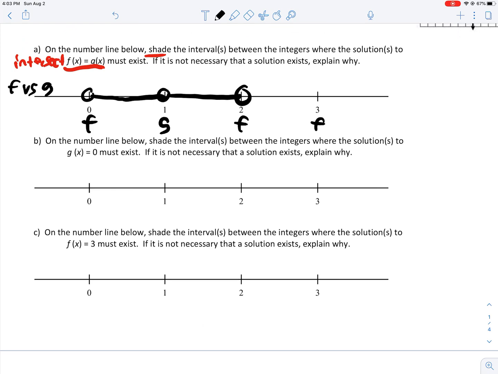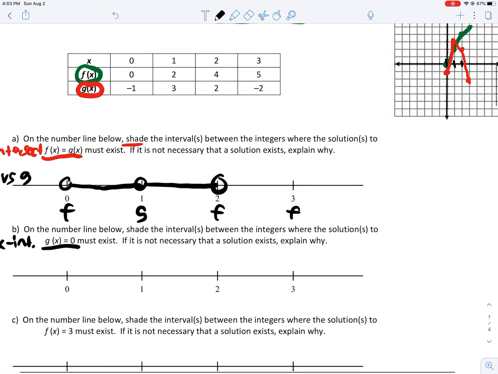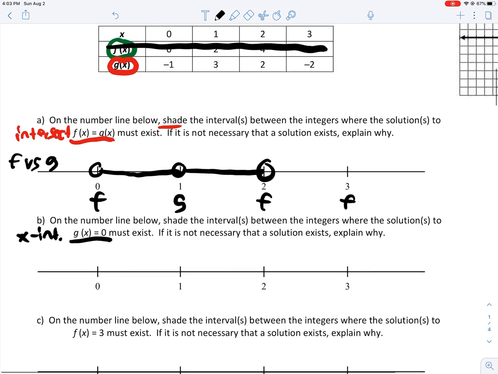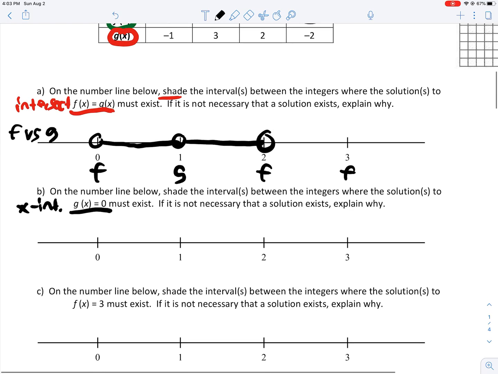Okay, g of x equals 0. That's asking you, when does this graph get to a height of 0? Between what x values? What is the x-intercept? Where does that happen for G? So I'm looking just at G, and I'm going to ignore F. I'm going to use the table, then the graph.